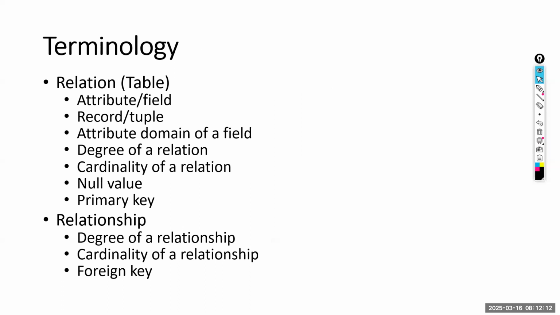Remember, we have already discussed how to analyze and model the data related requirements. And there we use certain terminology like entity, relationship, attribute, identifier, and so on. In designing also, we use some of those terms, but at the same time, we use some additional terms as well.